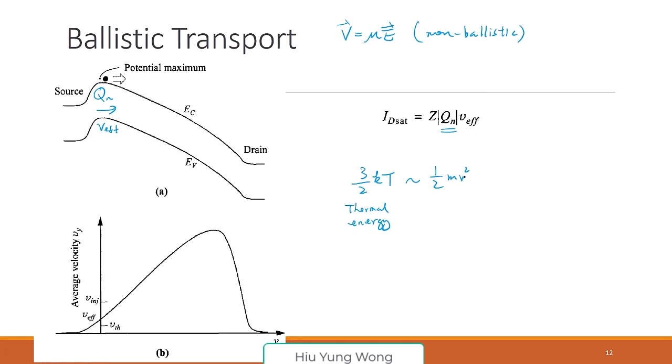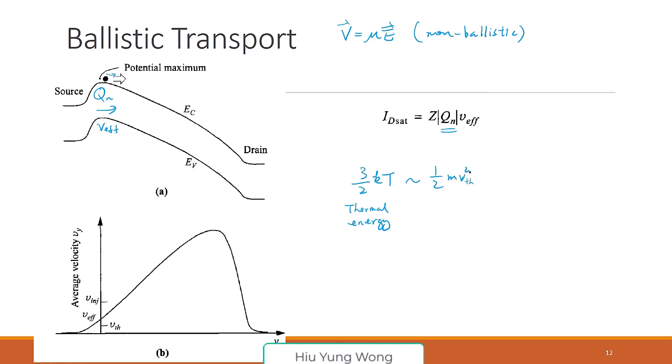So that's why all the electrons are traveling at that velocity when they emit to here. Later, they get the electric field to drift them further away. But the thermal velocity is so large, it's the dominating part. So that is the velocity at injection. Okay? So we call it thermal velocity.